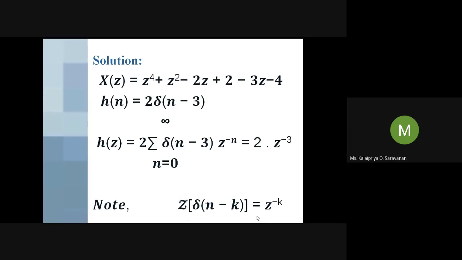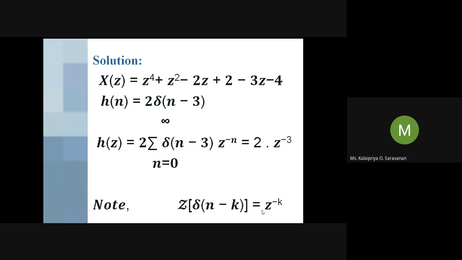This is a property of the z transform, the shifting property. If you have any function of the format del of n minus k, and you take its z transform, the answer would be z power minus k. Whatever number the signal is shifted by becomes z power minus k.